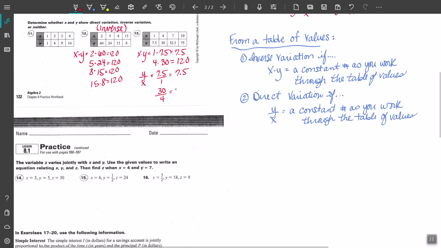This also gives me 7.5. Then just keep moving across the table of values. This will give me 7.5 as well, and 75 divided by 10 will also give me 7.5. So I'm getting the same constant throughout, and that follows pattern number 2 in your notes, which shows that this is a function showing direct variation.